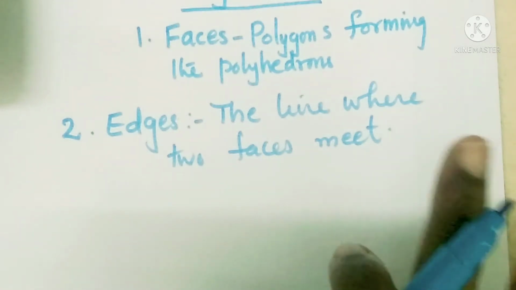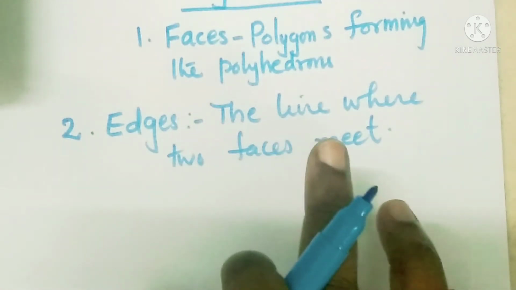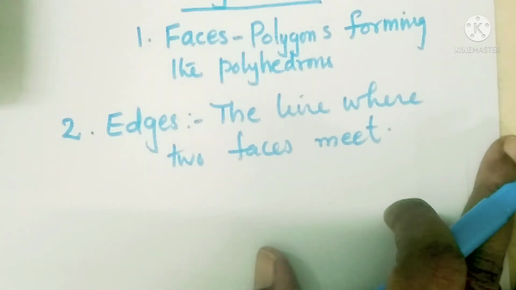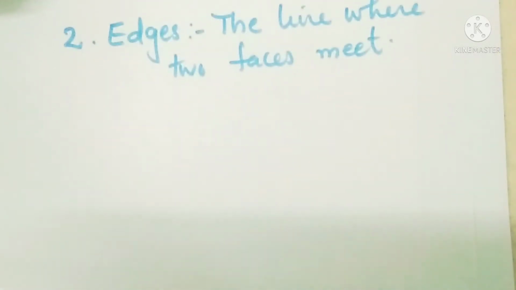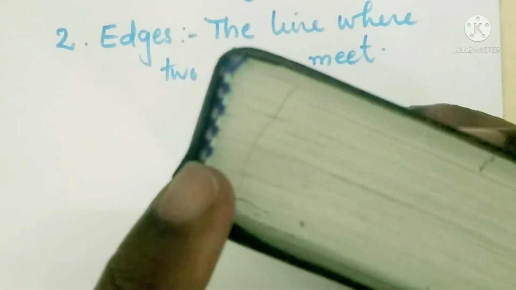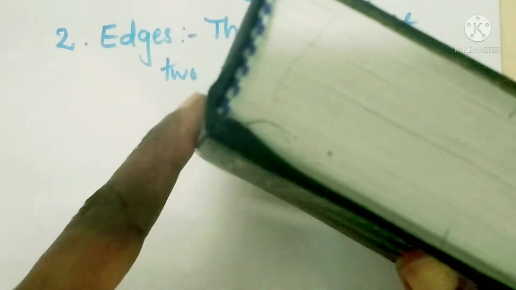In a polyhedron, the line where two faces meet or intersect is called an edge. Okay. Now, if you see the edges also, here you see one edge, second edge and third edge.